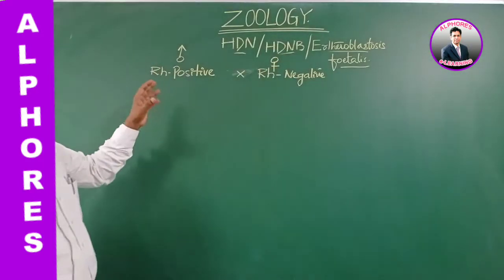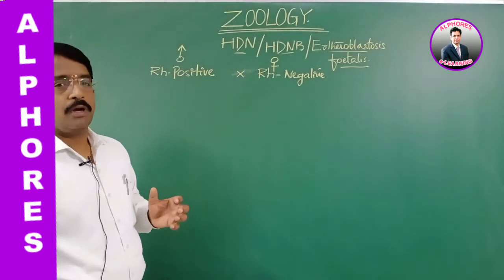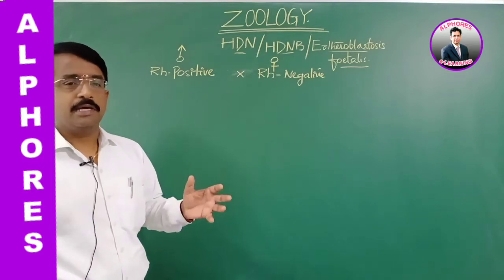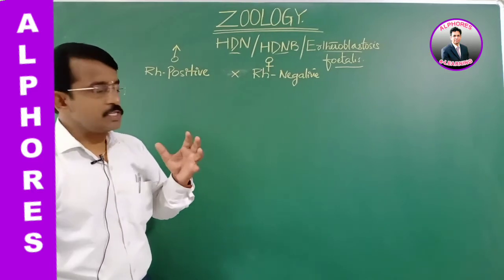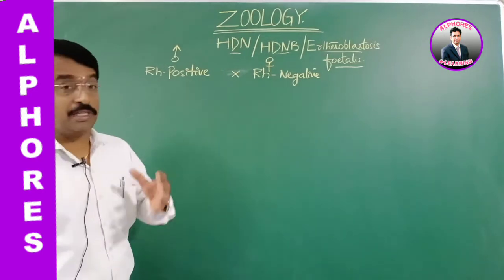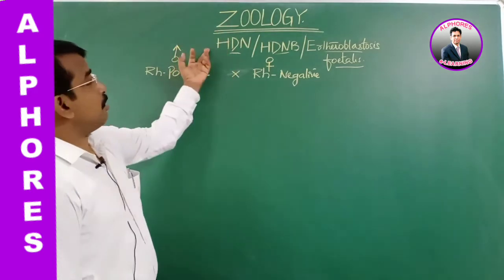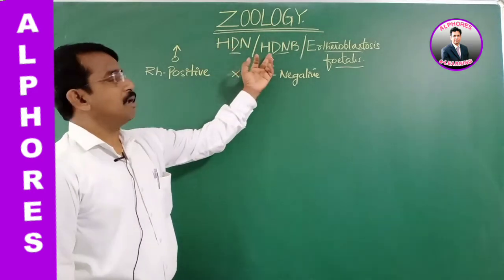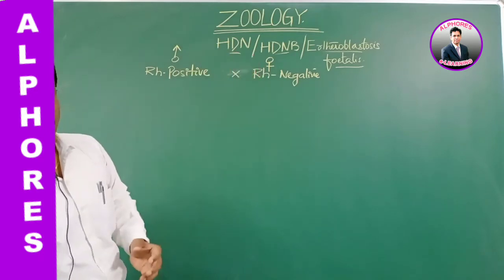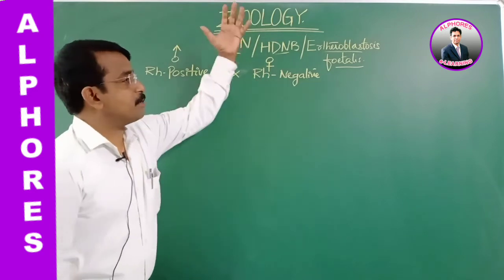We have already discussed that the inability of the existence of two different groups leading to genetic incompatibility is nothing but the genetic incompatibility definition. The consequences are hemolytic disorder of the fetus and newborn, that is erythroblastosis fetalis. So the genetic incompatibility consequences are these.